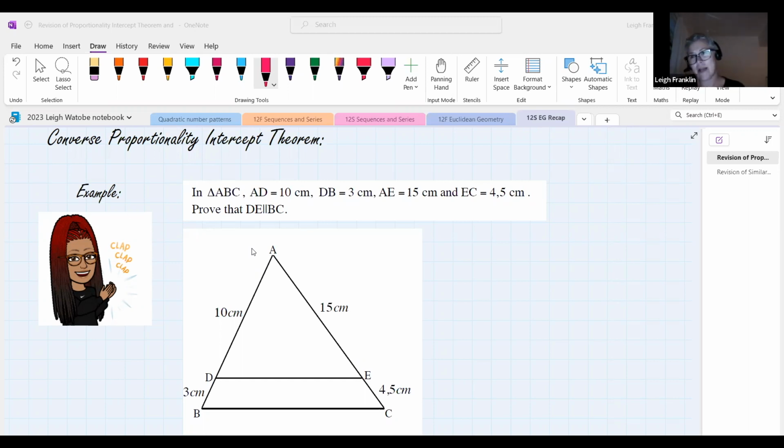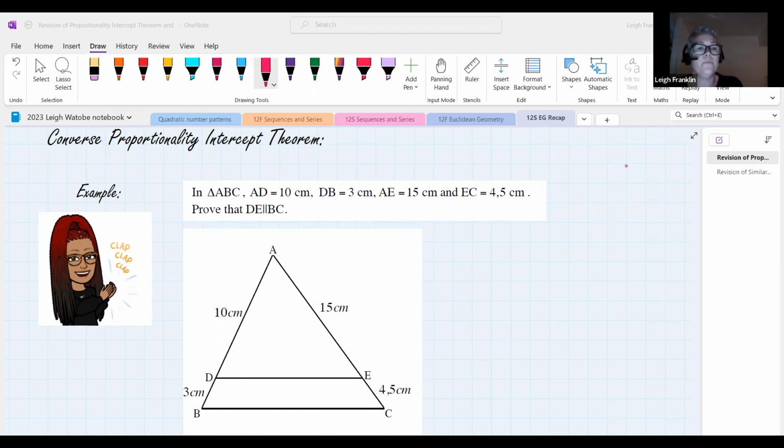Do you understand what I'm trying to get at? I'm not guilty because I'm guilty. I'm guilty because of other things. It's the same thing in maths. It's not true because it's true. It's true because of a calculation that we have done. So we cannot start out assuming that AD over DB is equal to AE over EC. That's what we're trying to prove, because that is what proves DE parallel to BC.